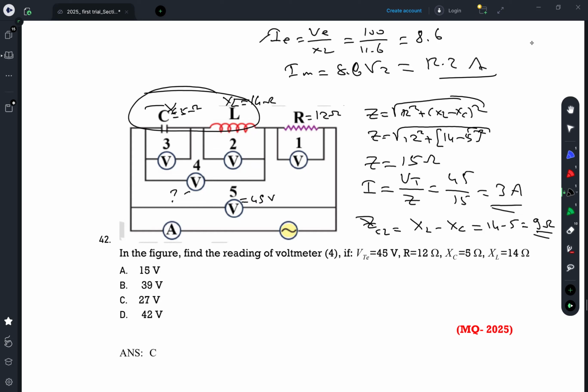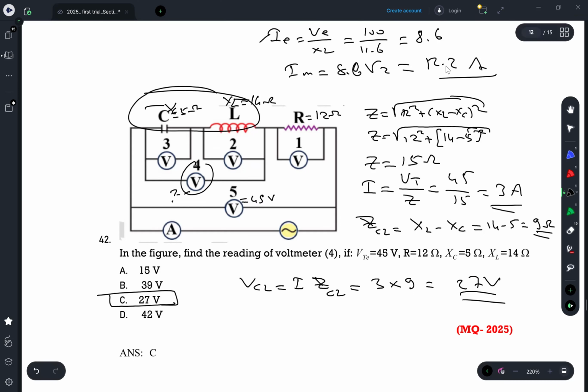Then the reading of the voltmeter across C and L, V of CL, is the electric current of the circuit times Z of CL. The electric current is 3, Z of CL is 9, so the result is 3 times 9, 27 volt. And 27 volt is the potential difference across the capacitor and inductor.